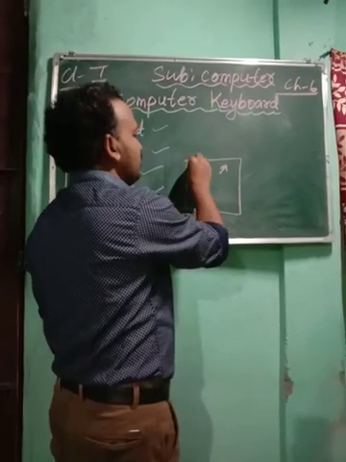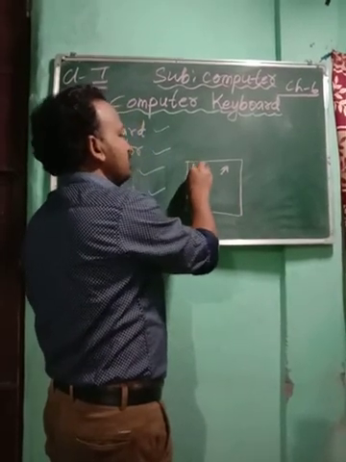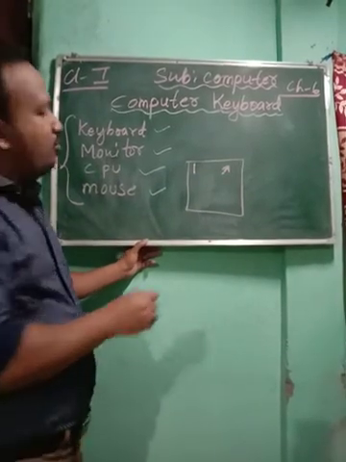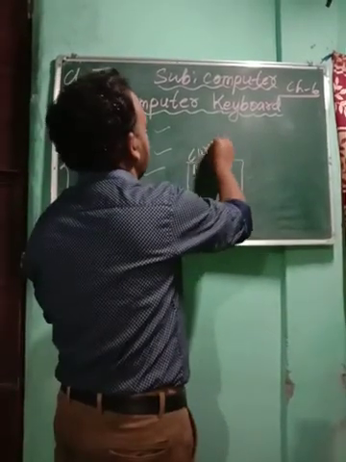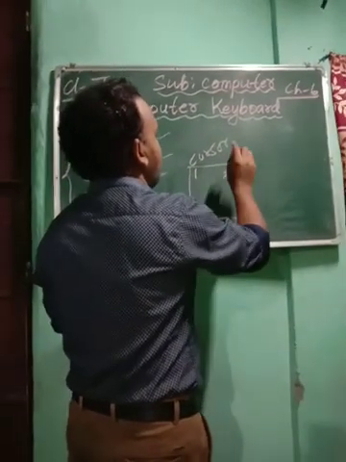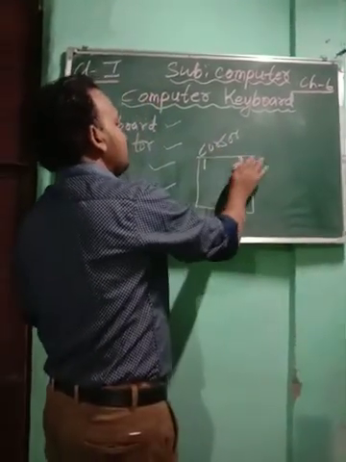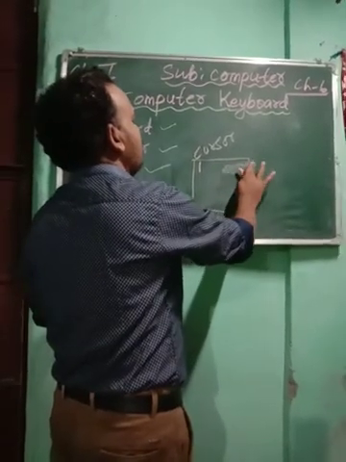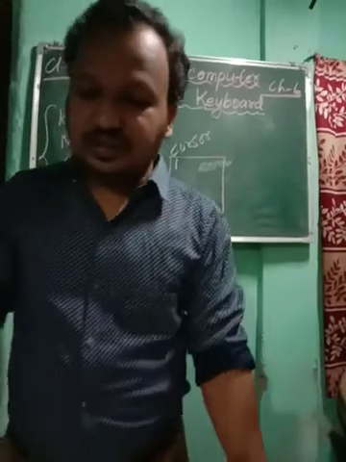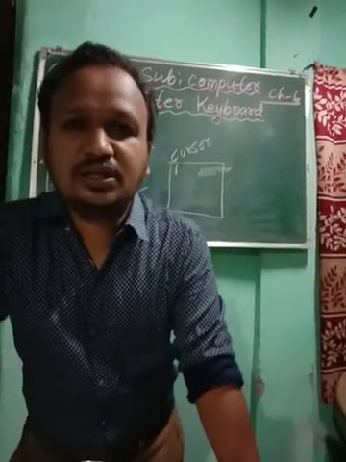Children, this is a cursor, and this is the mouse pointer. We are not going to learn about the mouse pointer, we are going to learn about the cursor.